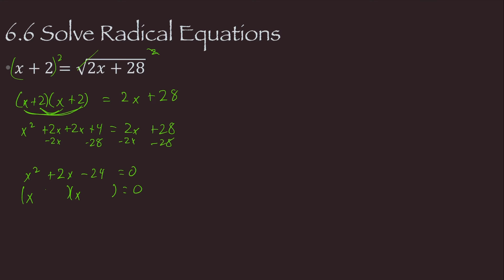Times what gives me negative 24 is maybe, I don't know, 6 and negative 4. Let's check. So that'd be negative 4x and 6x does equal 2x. That's what we're looking for. So then take each factor equal to 0. So x is negative 6 or x is 4.